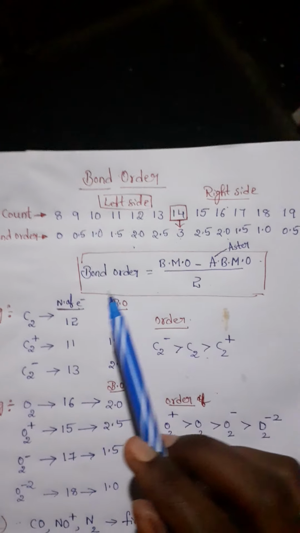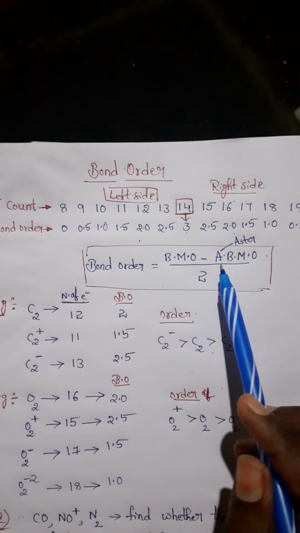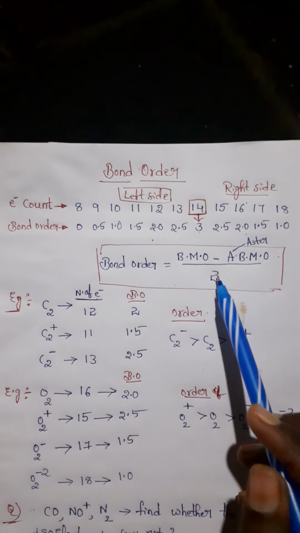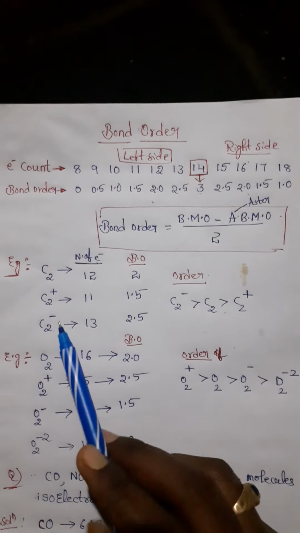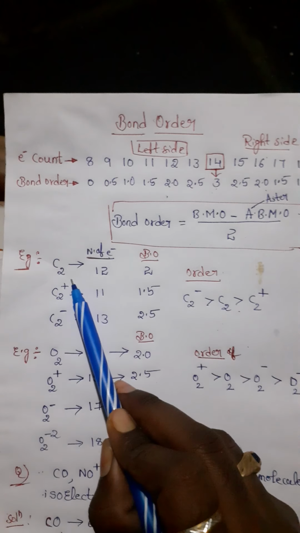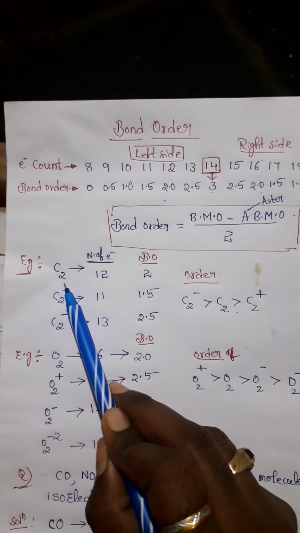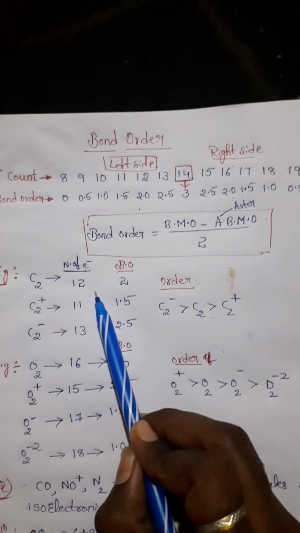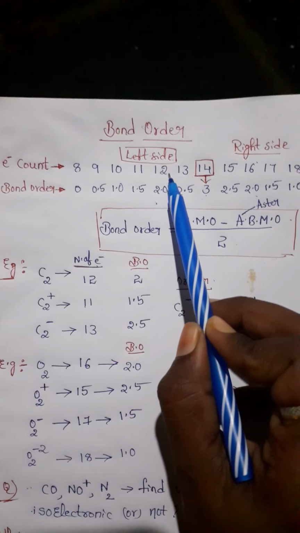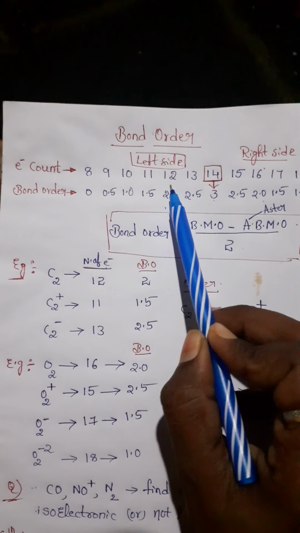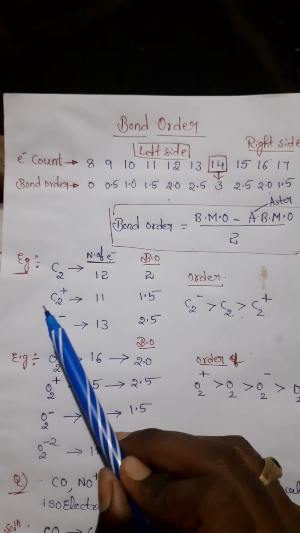Now we apply the trick. Here we have taken C2. We know that C2 has 12 electrons. Looking at 12 electrons, the bond order is 2. That's it.